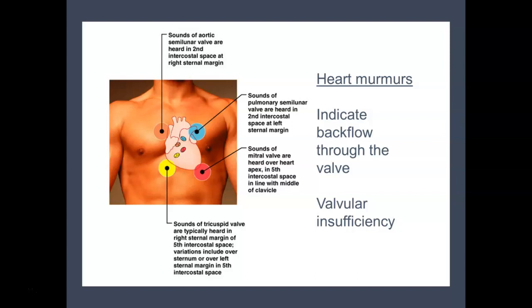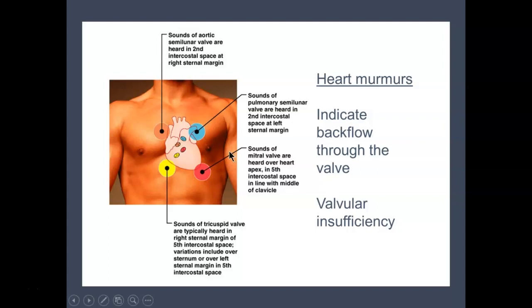So you're hearing those semilunar valves on the right and left sides of the sternal margin at the second intercostal space. Remember, intercostal means between the ribs. Lower to that, or inferior to that, at the fifth intercostal space, you can hear the mitral or bicuspid valve best.